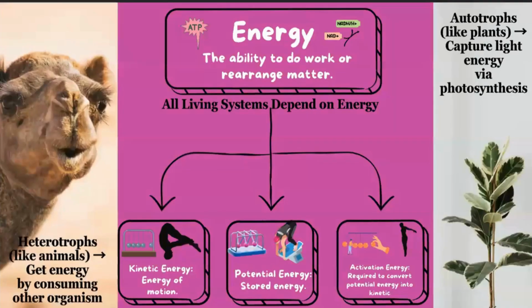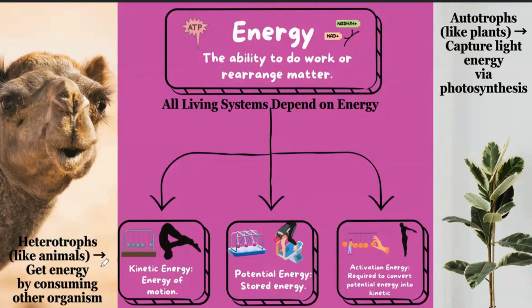Now, when we talk about energy, we're talking about the ability to do work, or the ability to rearrange matter, I want to say. And you're going to be talking about the differences between heterotrophs like animals, where basically we don't just sit out in the sun and harness energy.